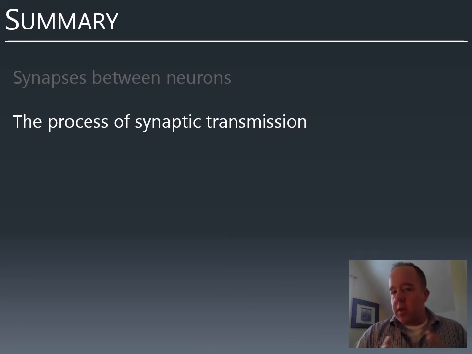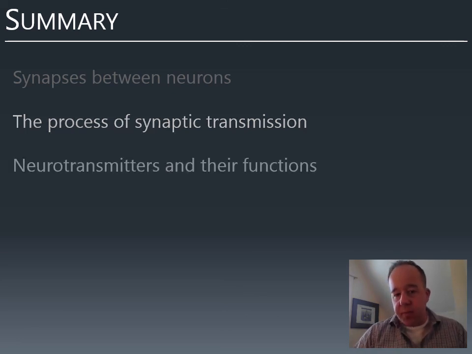It causes the synaptic vesicle to bind to that presynaptic membrane in the axon terminal. Neurotransmitter is released, and then that neurotransmitter diffuses across the synaptic cleft over to the postsynaptic neuron, over to the dendrites of the next neuron, and binds to receptors and causes a sequence of events on the postsynaptic side.